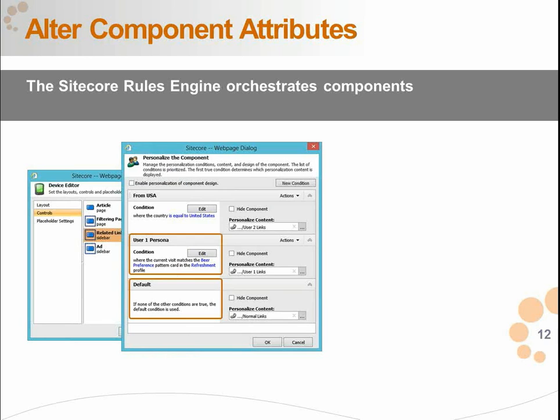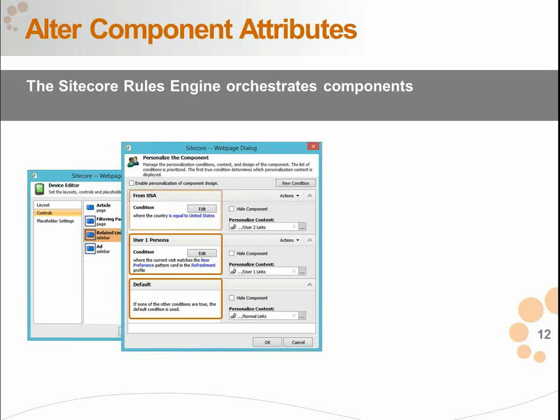So what we're saying here is we're going to use some profiling data based on your previous browsing history on the website to determine that you like or you prefer beer as a refreshment. And we're going to change the data source there. We're going to change that from the normal links to the user 1 links.